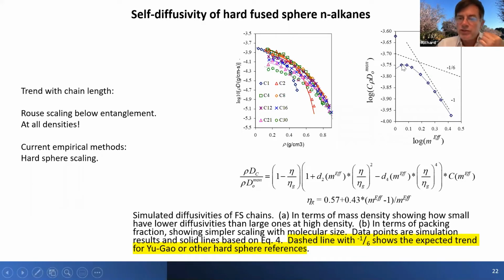But if we look at this low density intercept, we see that for small molecules, you might be able to get away with that 1/6 scaling. Basically, that's what comes out of treating the large molecules as large spheres. But as the chains get larger and larger, this scaling exponent becomes -1, which is Rouse.